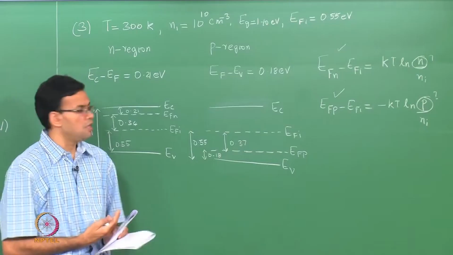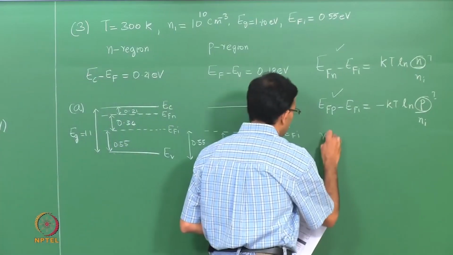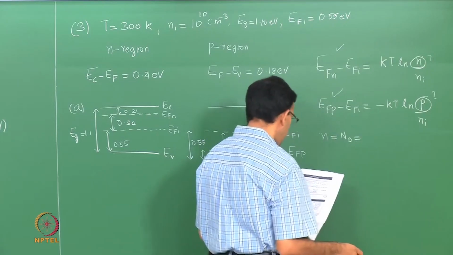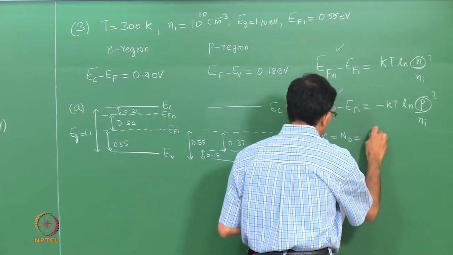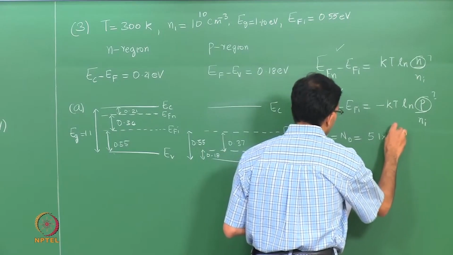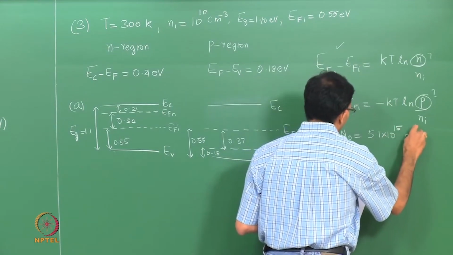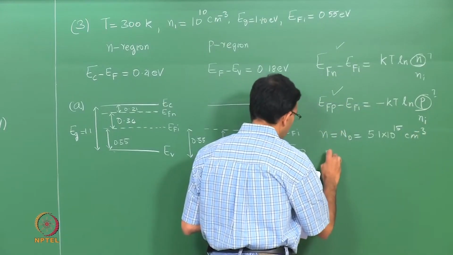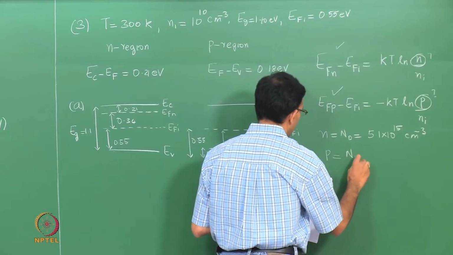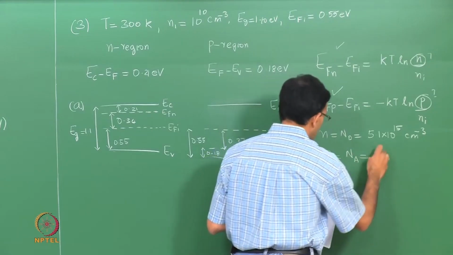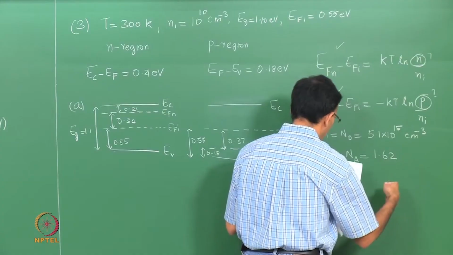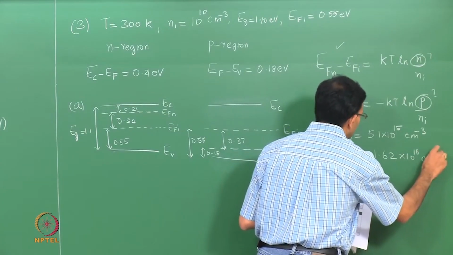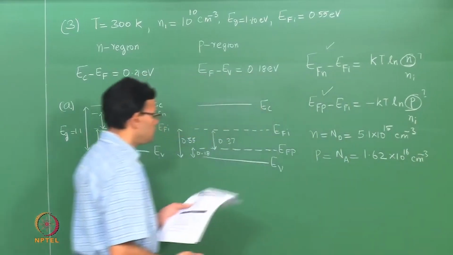So, we can substitute in the values so that we get n equal to Nd, which is equal to 5.1 times 10 to the 15 centimeter cube. P is nothing but Na, is slightly higher, 1.62 times 10 to the 16 per centimeter cube.